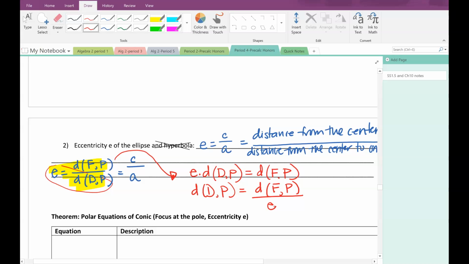Those are two equations derived from algebra manipulation.